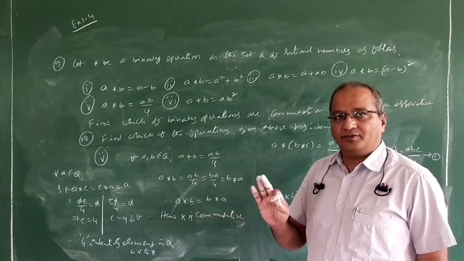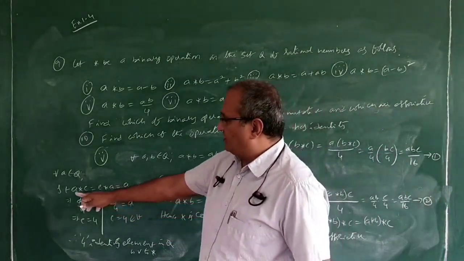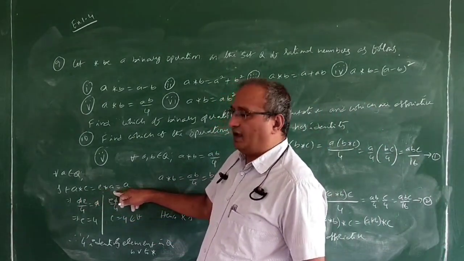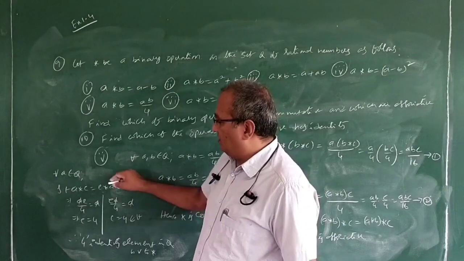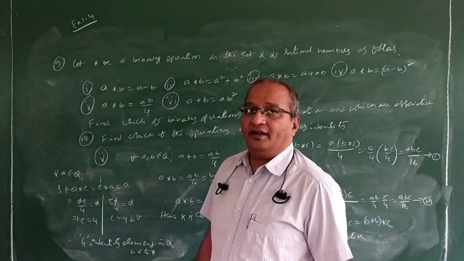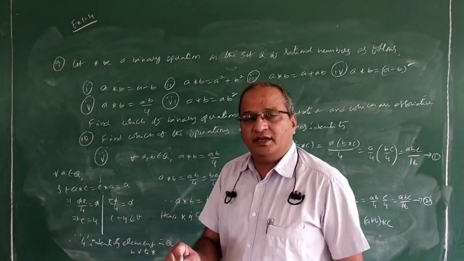Once again observe carefully: A star E, E star A is equal to A, then E is said to be the identity element, and that E must be in the given set.